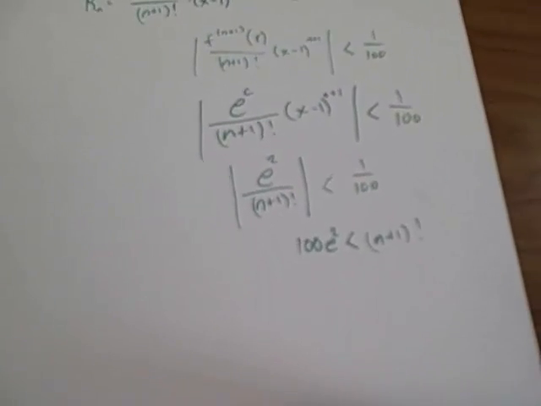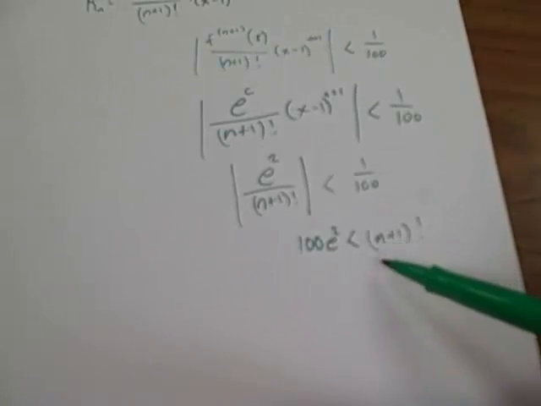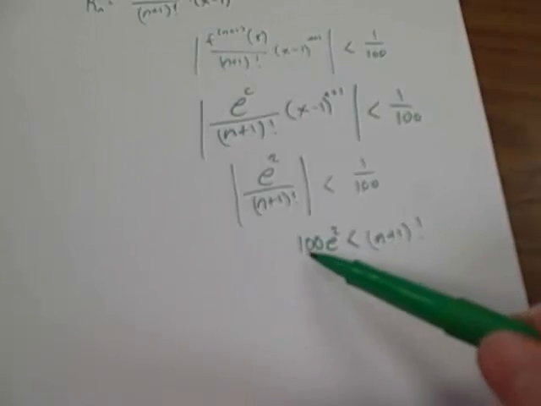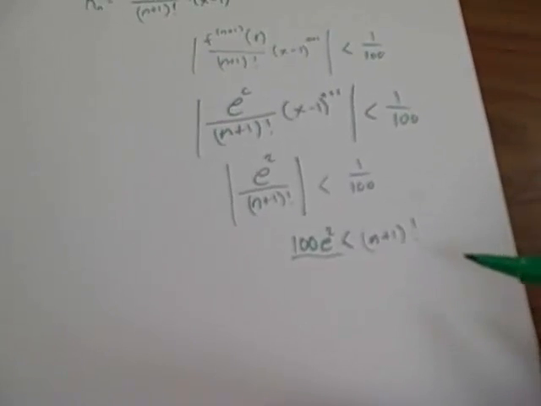Okay, you don't have a good analytic way to figure out what value of n makes this inequality true, but it doesn't take very much experimenting with your calculator to figure out that you can just plug in a couple of values and test to see when this expression will actually be larger than that one. And that will tell you how many terms you need in your series.